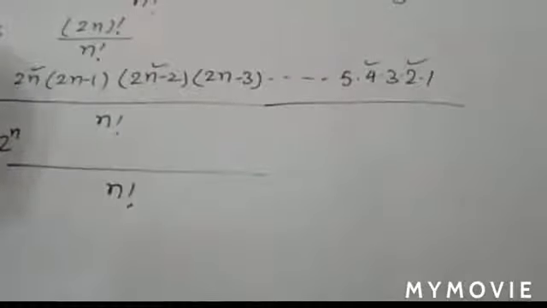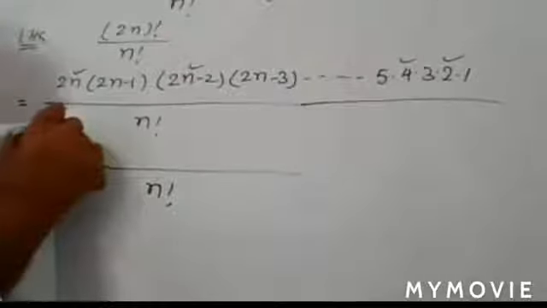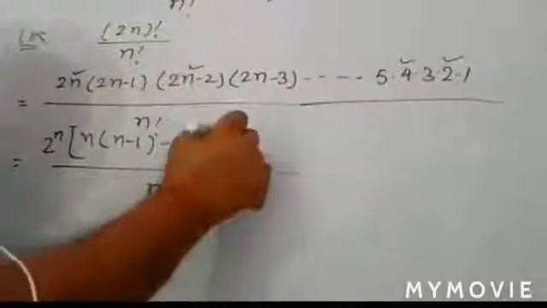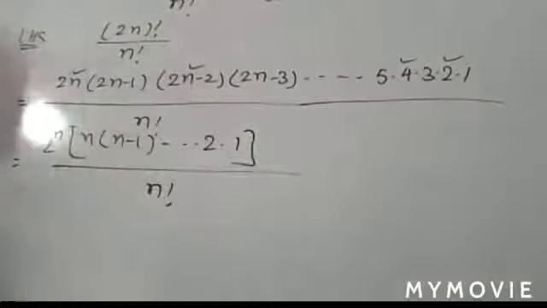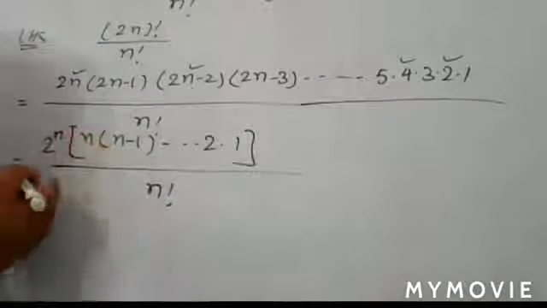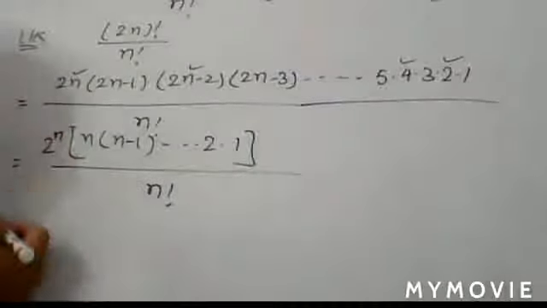Understand? Here you have 2 to the power n. So what is left here? Here you have n, here you have n minus 1. And in place of 4, here you have 2, and in place of 2 you have 1. After taking 2 common from each of the terms and multiplying, here you have 2 to the power n into this one.